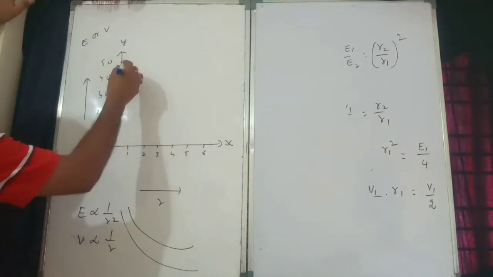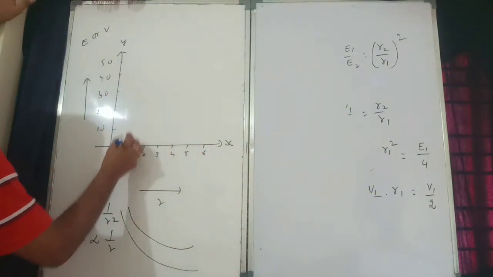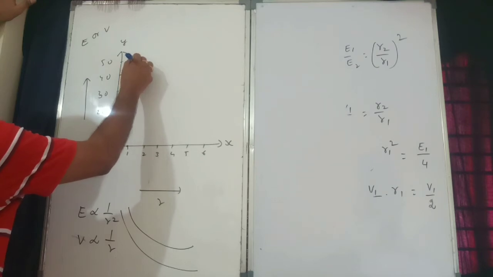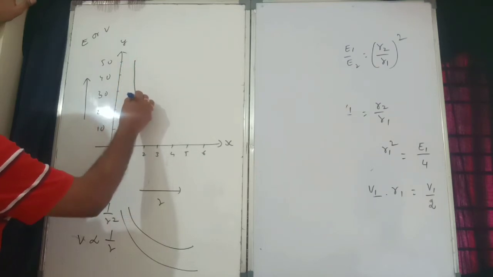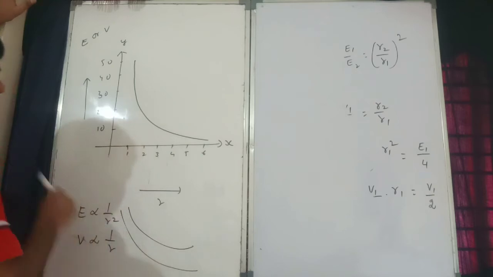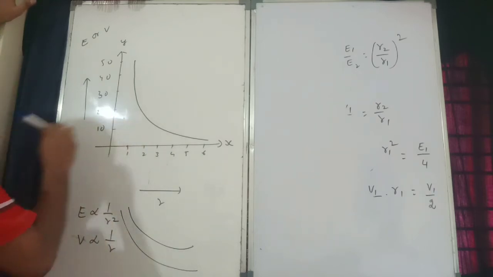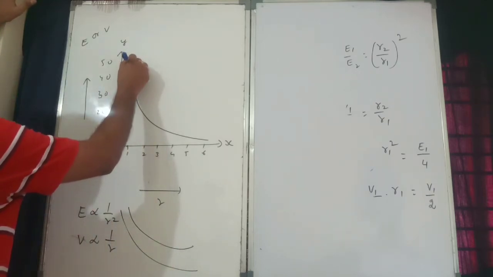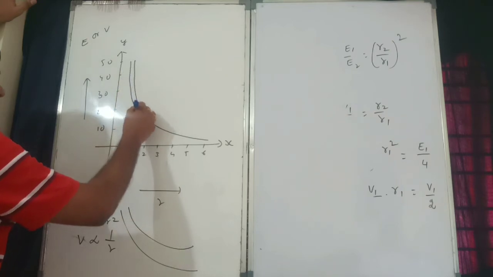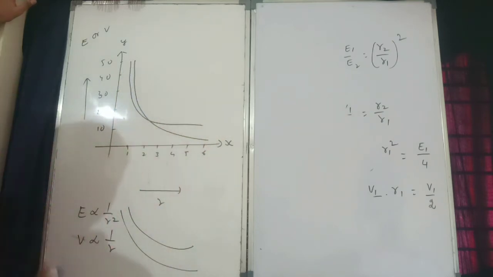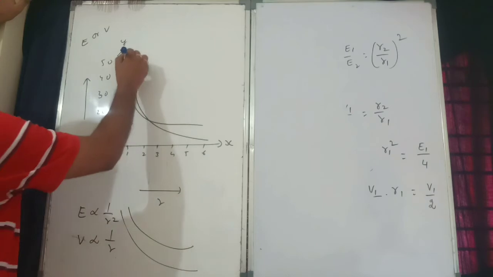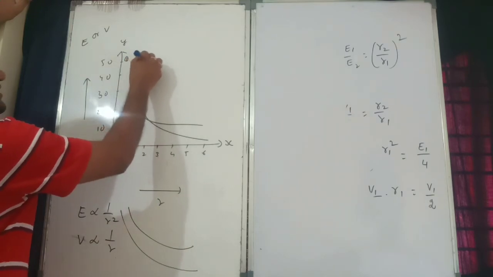So I can start exactly from one point only. One graph will come in this direction, and another graph will come in this direction. So this is the first graph, this is the second graph.